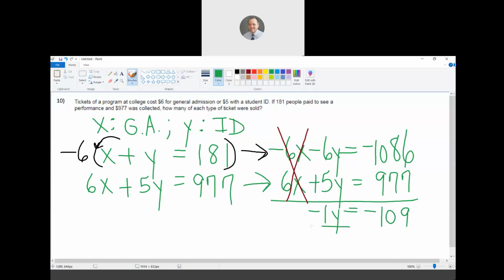And we'll divide both sides by -1. That gives us exactly 109 tickets. That represents the ones who bought the tickets with a student ID.